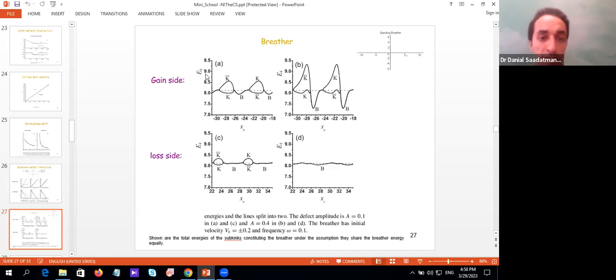Here you will see the energy of each sub-kink as a function of the initial position of the breather, and in some regions we can see some loops. In those loops the breather can split into a kink and anti-kink. The above figures show the case when the breather comes from the gain side, and the below figures show the case when the breather comes from the loss side.